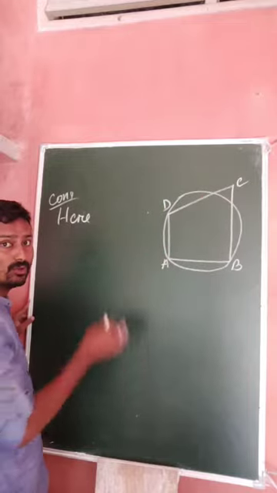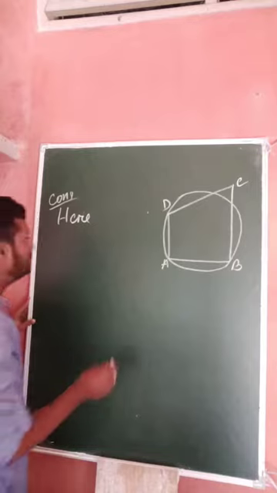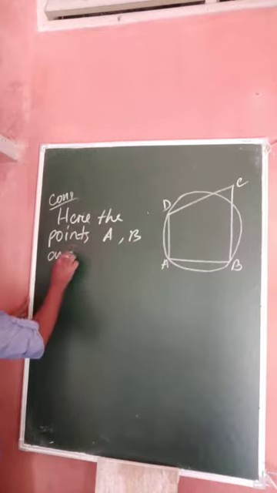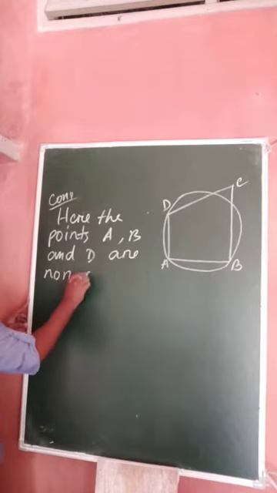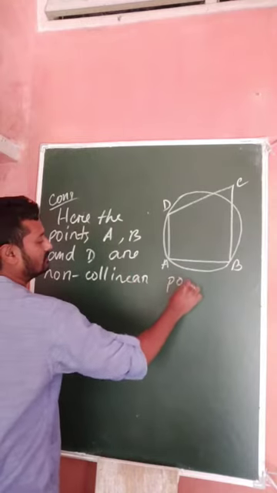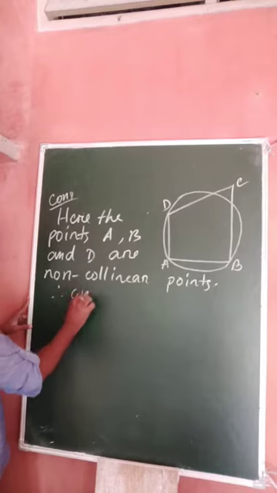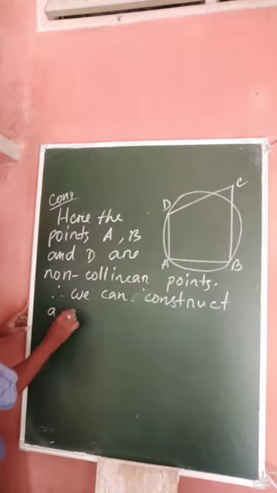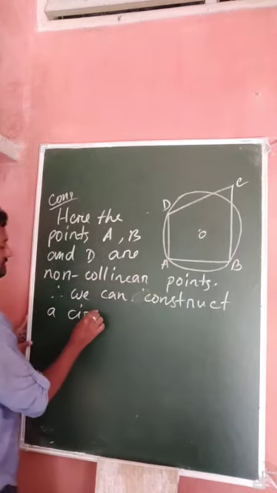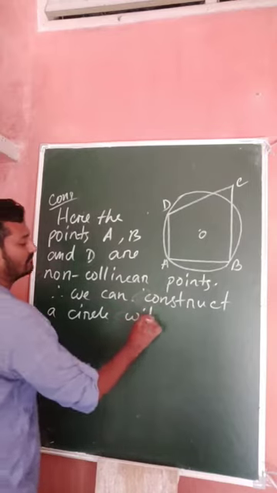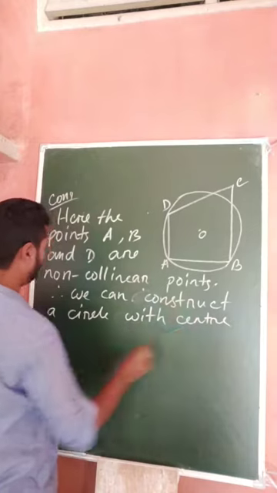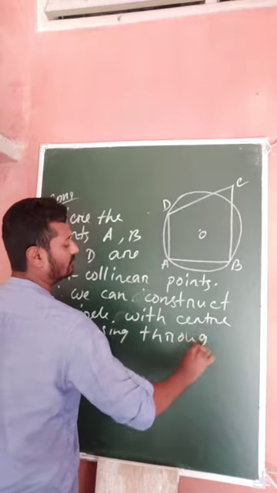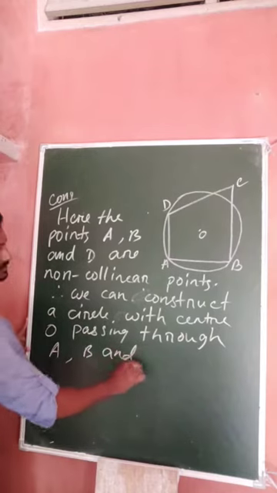Since ABCD is a quadrilateral, the three points A, B and D must be non-collinear. Therefore we can construct a circle with center O, passing through A, B and D. Clear?